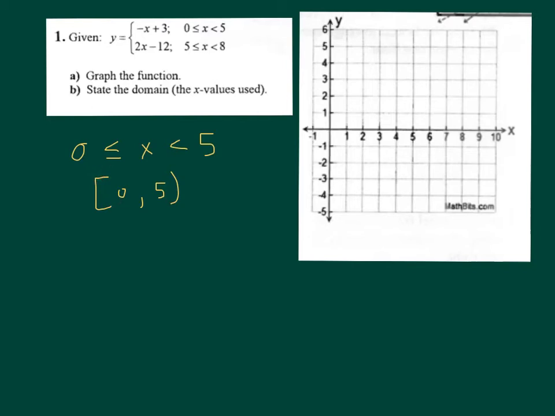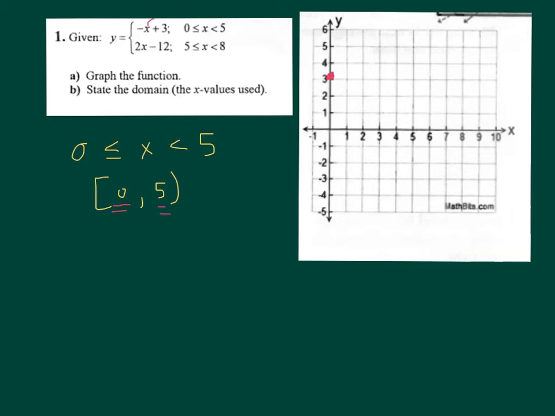So from 0 to 5, those are the x values that will go into this function. So when I go to graph that, I just go up 3, and I'm going to make a solid dot because that's at an x value of 0, and that means that it's included. Now I'm going to go all the way to 5.